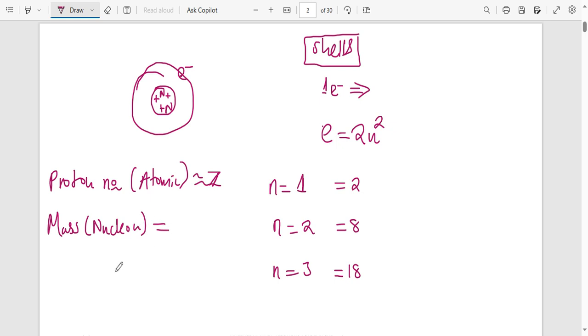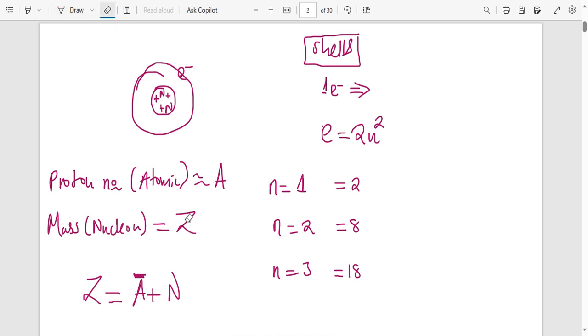So therefore, the mass number, that's not even symbol Z, that should be A. Anyway, please try to check, I may have confused these two numbers.